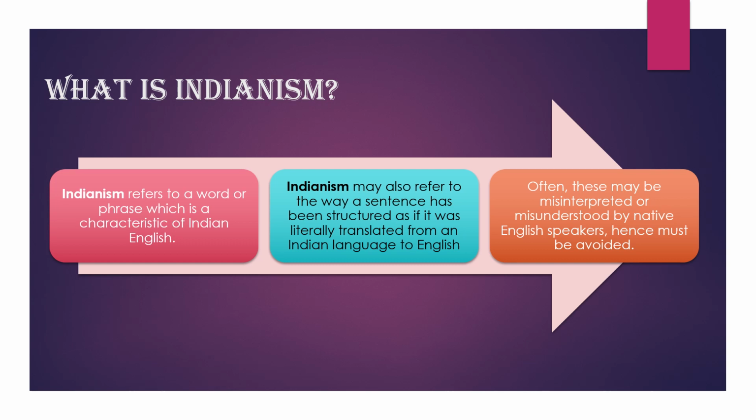We need to curb this kind of usage of the English language, because this is not what English is. And that is why we're giving it another name, which is Indianism. A unique way of using English by Indians, which happens to be in a way incorrect, is nothing but Indianism.